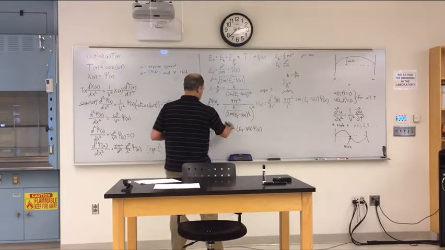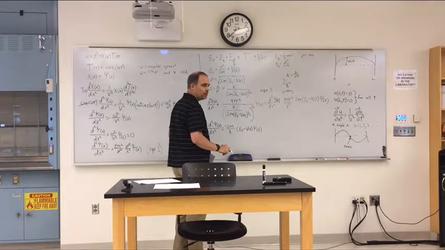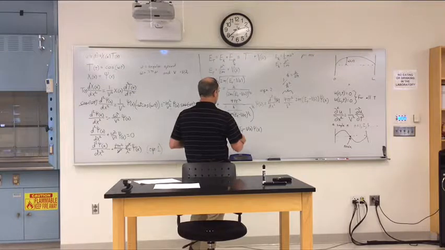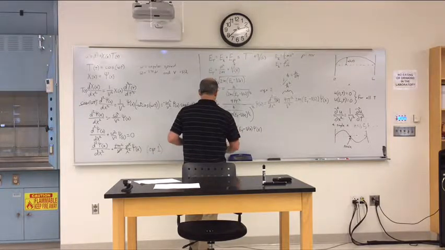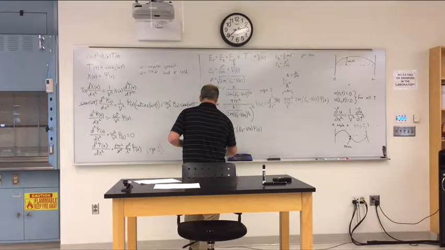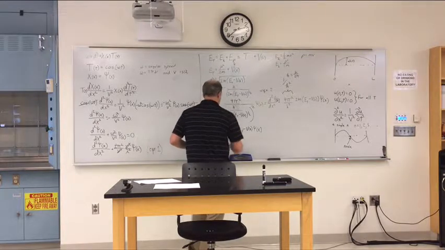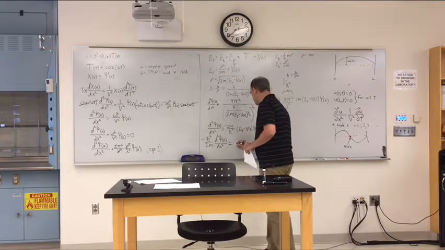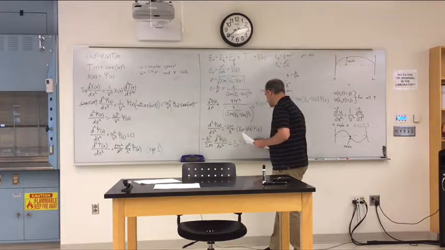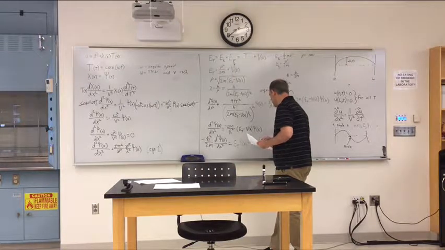I'm going to move the 2m back to the other side. So that gives me h bar squared over 2m, negative, d squared psi of x dx squared equal to E total psi of x minus V of x psi of x.